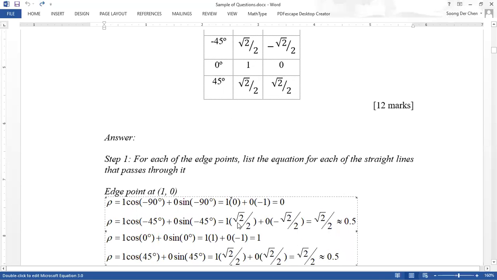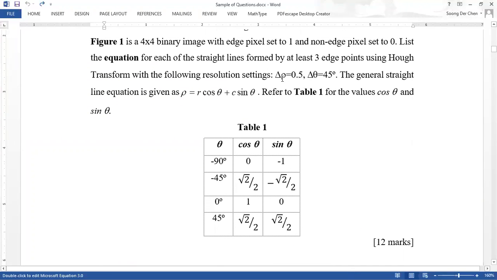So this one, 1 of this minus this, you don't really need a calculator. This one you just treat it as 1x plus 0x, so it's 1x, so square root 2 divided by 2. So square root 2 divided by 2 basically is 0.7. So please pay attention, you have to round them to the nearest scale.